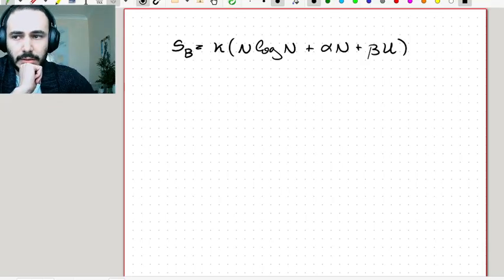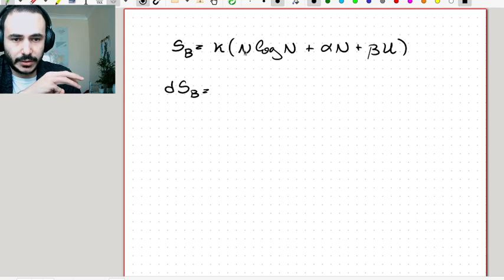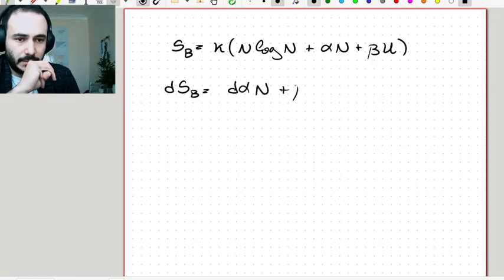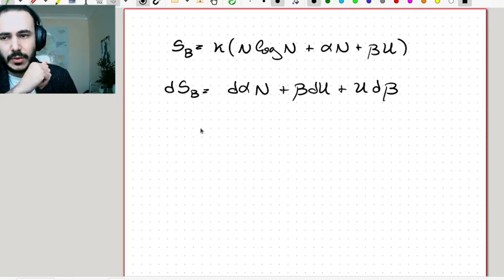So now let's differentiate this, but in this case we are going to be more careful when differentiating than before. The first term is still constant, so we don't put it. This is alpha times dn plus beta du plus u d beta. And remember what we had done before.